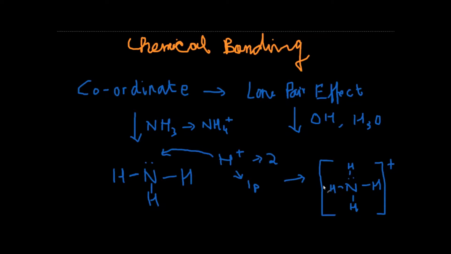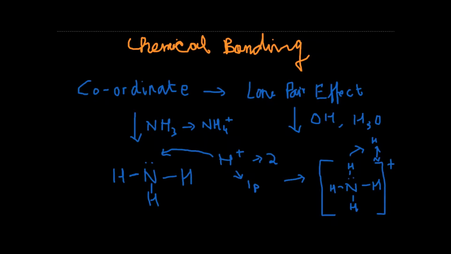This is also denoted as just a simple arrow, right? N underneath, H on top. This is how to represent a coordinate bond between the two elements. This is the ammonium ion.